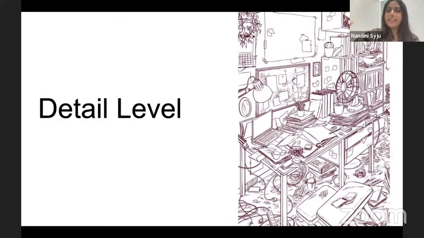So I will detail things accordingly. If you look at this example, the table fan and the things on the table have a lot of emphasis. But if you look at the sticky notes, there's not much emphasis, so there's not much detail there. The less important the thing is, the more blurred out it is, or the more rounded off it is. That is the idea.